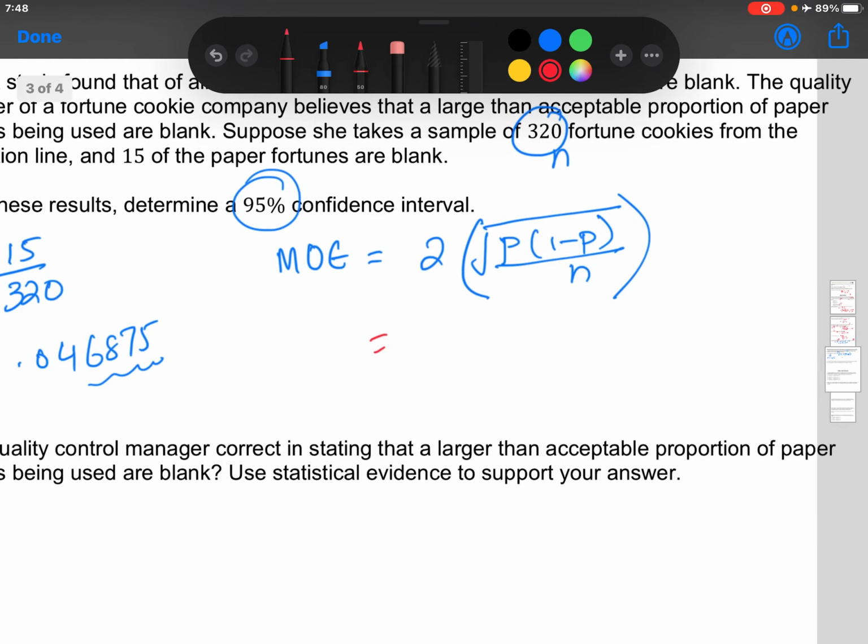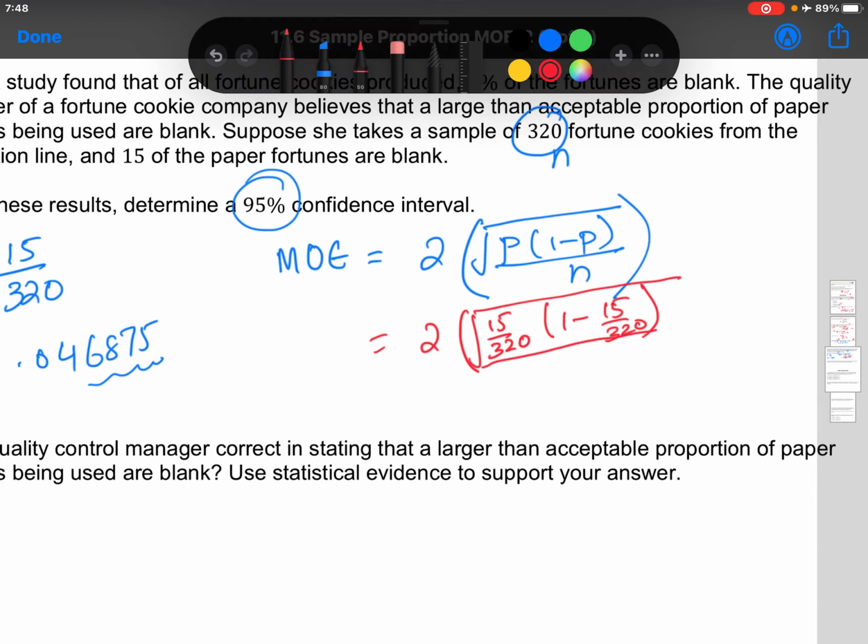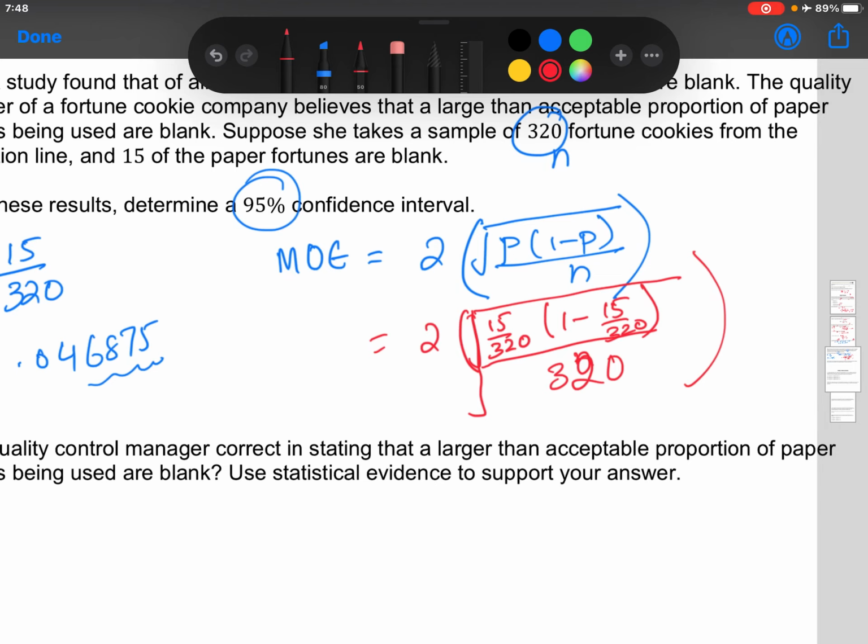So that would be, I'll just zoom in, 2 times the square root of 15 over 320 times (1 minus 15 over 320), all over n. The n is also under the square root, guys, so over n, which was 320.